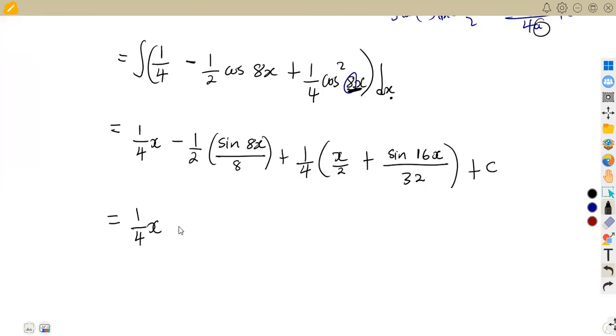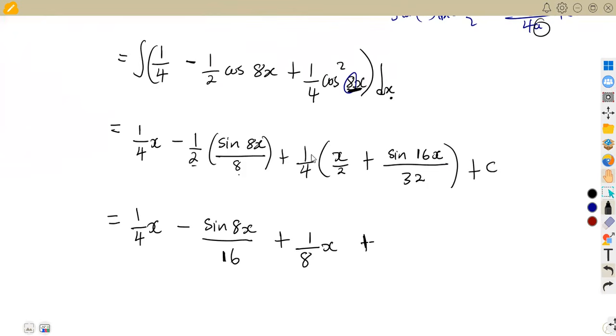We multiply this, that will be minus 1 times sine 8x over 2 times 8, which is 16. We multiply again: 1 times x over 4 times 2, which is 8. So it's plus 1 over 4 times 1 over 2, which is 1 over 8x.